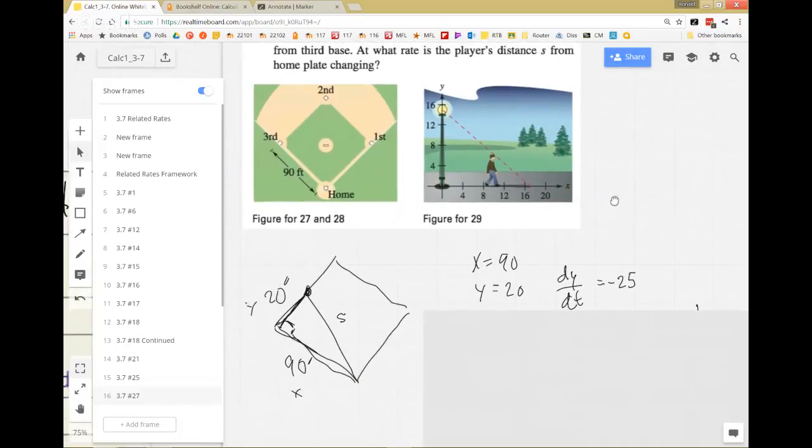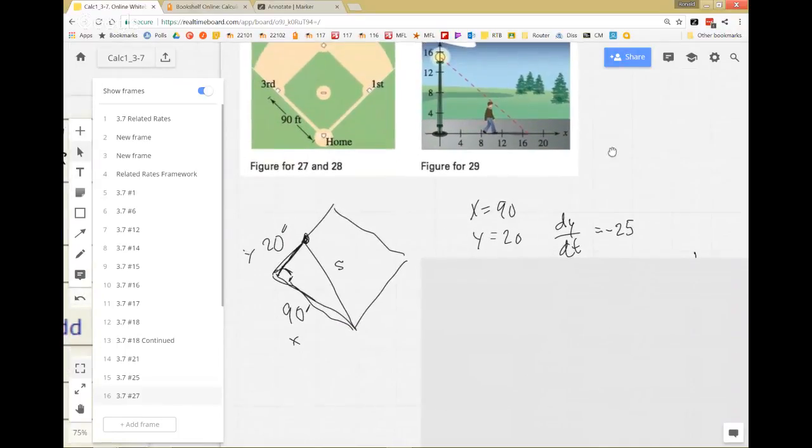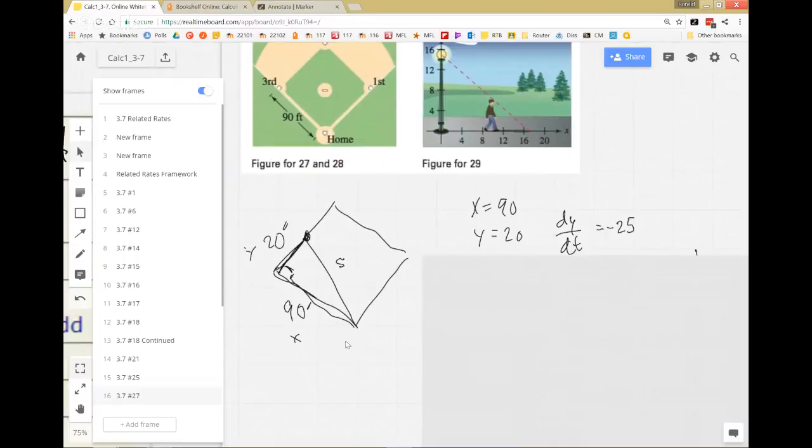So here's my drawing to wrap that up. So here's the baseball diamond. The scale is wrong, but that's okay. This here's the position, that big dot there. That's the position of the player at the current time. He's 20 feet, that's supposed to be a foot mark, not a double. It's 20 feet from third base.